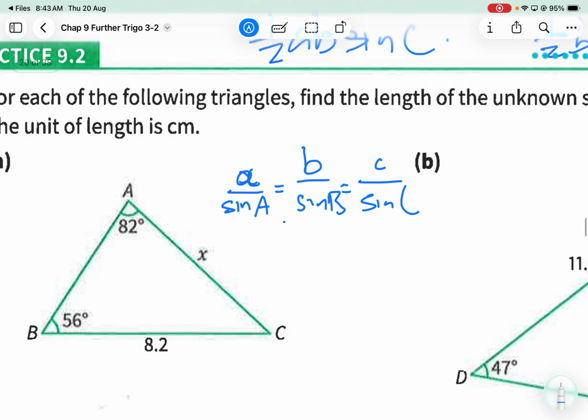The other form is when we invert them, meaning I put the sine on top, I put the sine on top, I put the sine on top. Both are also the same, sine rule.